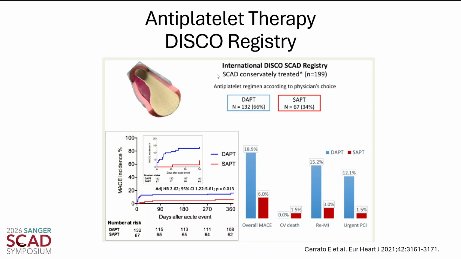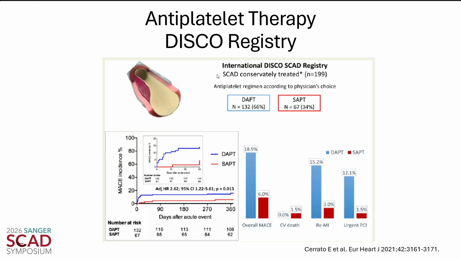The DISCO registry evaluated 199 patients. Now, once again, this was not randomized. It was decided whether the patients went home on dual antiplatelet therapy, usually aspirin and clopidogrel, but some of them had ticagrelor instead, or aspirin, and I should say the dose of 81 milligram aspirin.